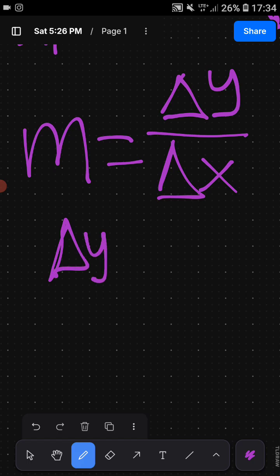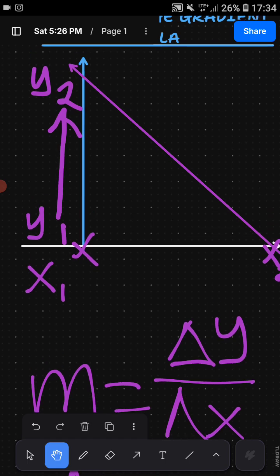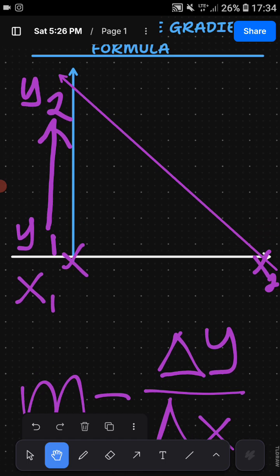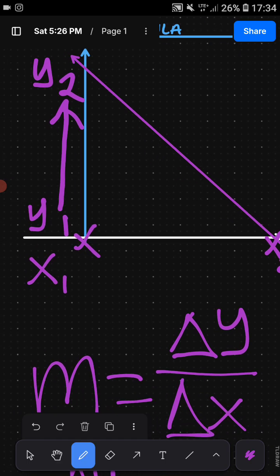This means change in y is, now remember, according to the graph, the plane, this is the 0 point. Okay, this is the initial position.